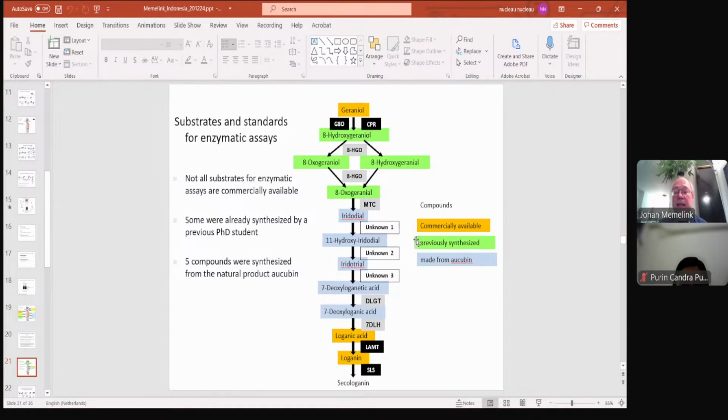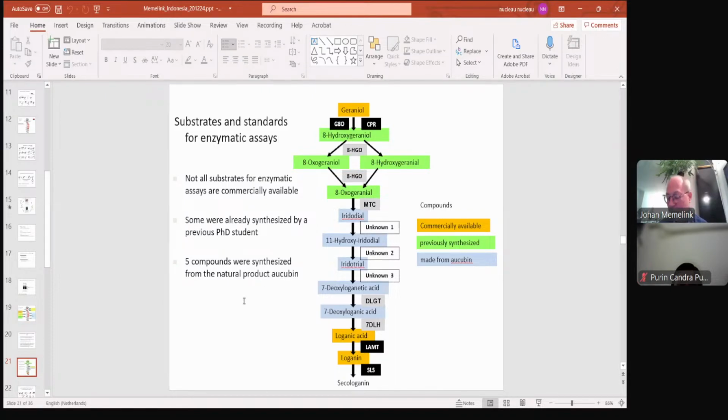Then we in Leiden had the four compounds that are indicated in green in the top, and these were previously synthesized before the start of the SmartCell project by PhD students in my group. And then all the compounds in blue were synthesized by a company, and they were synthesized from another iridoid compound called aucubin.